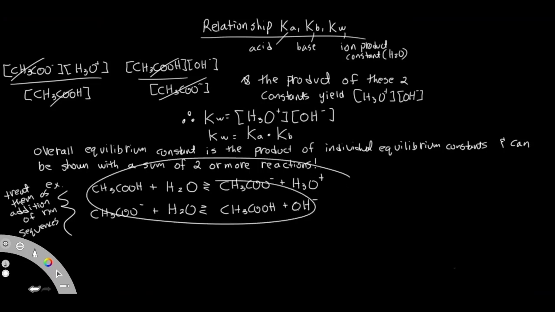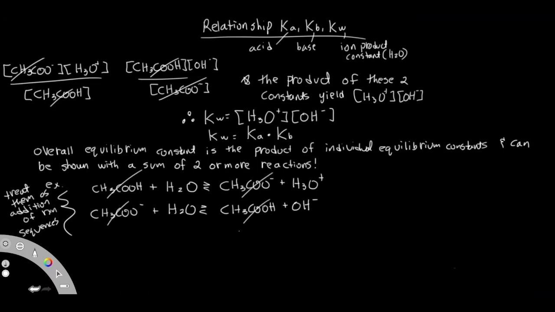So we're just drawing this out again, but we're now going to be adding them as reaction sequences. So just like how you would create a net ionic equation, we're just going to cancel out our like terms. Well, we have this here as a like term of this. We have this here as a like term of this. And the only thing that we have on our reactant side now is our H2O.